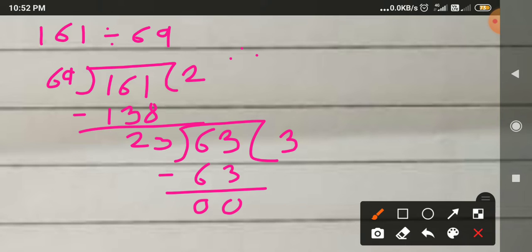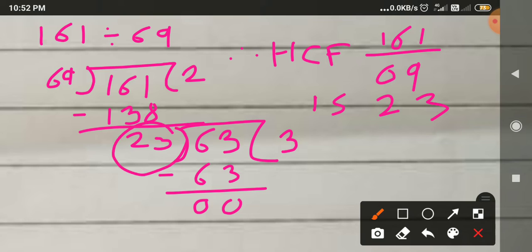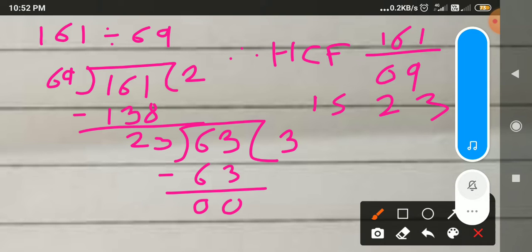And therefore the HCF of 161 and 69 is how much? 23. This is the HCF, because when we divide, we get the remainder 0, and that's why the HCF is 23.